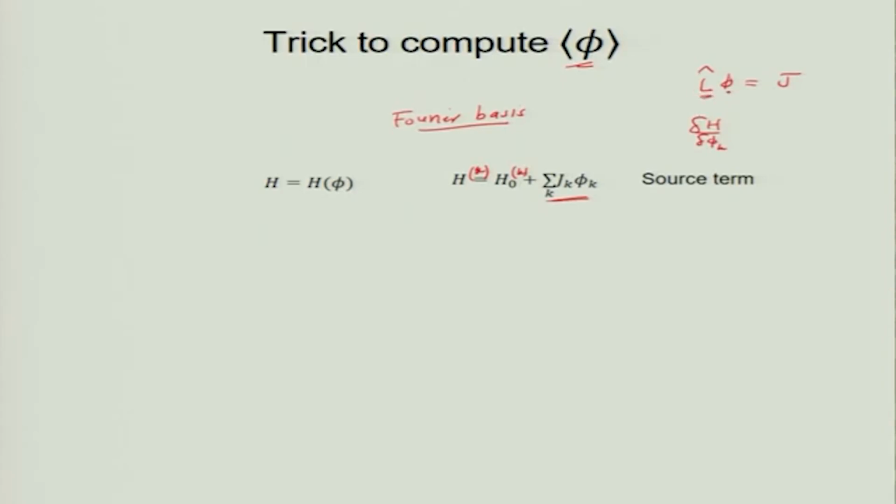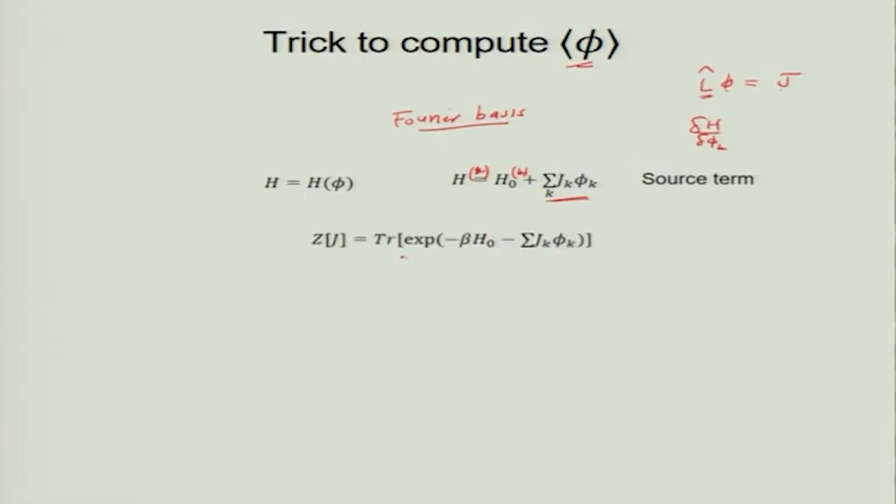This is my Laplacian operator, this is phi, and this will be a delta function source. So j is a source term. With this, our computation of phi becomes very mechanical. You can just apply it mechanically. Let us see how it goes. Please pay attention to this part.